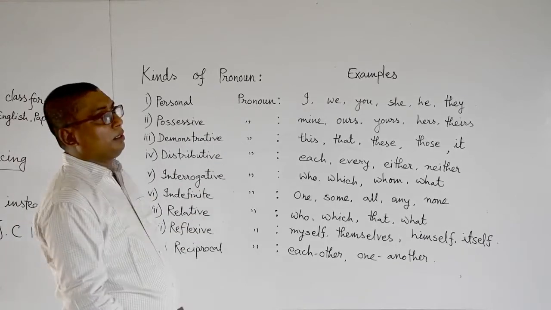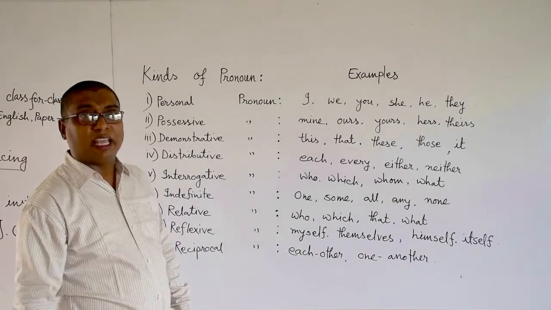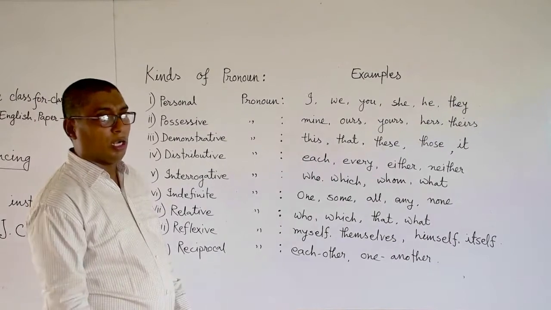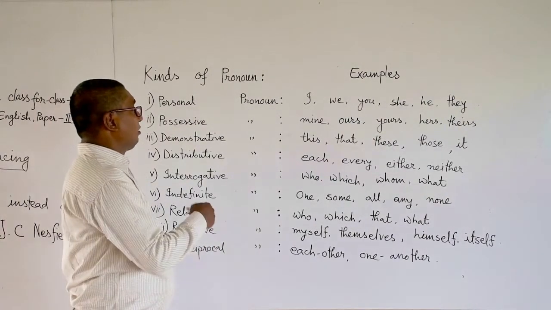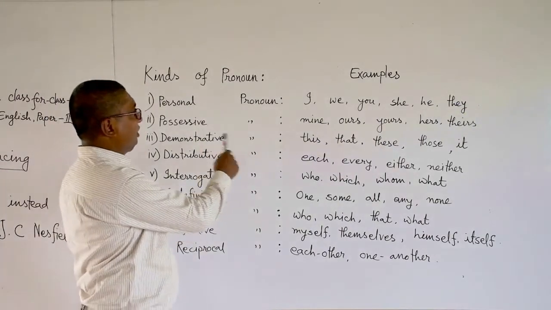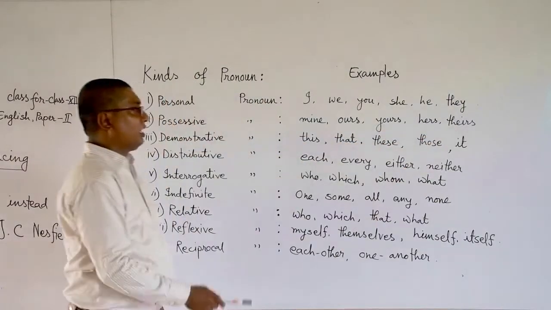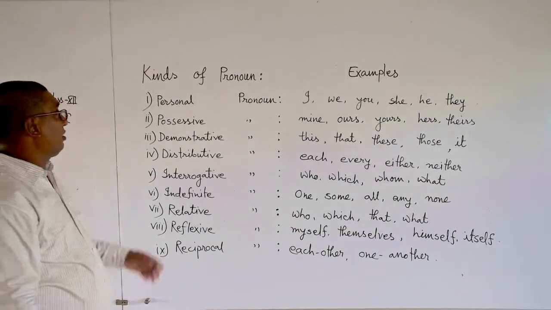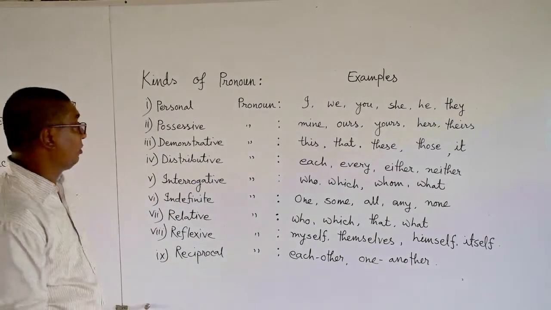Single possessive words are used as adjective when used before a noun or noun equivalent. Single possessive is adjective, but double possessive, mine, ours, yours, hers, theirs, these are double possessive and they are considered as possessive pronoun.